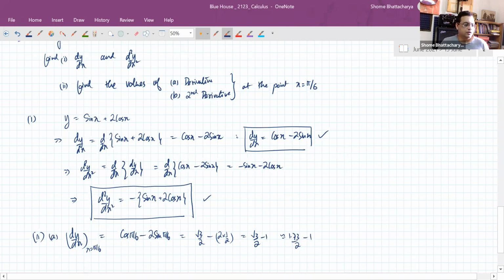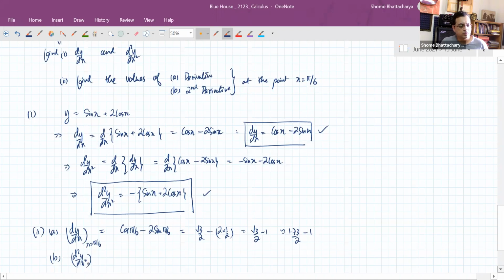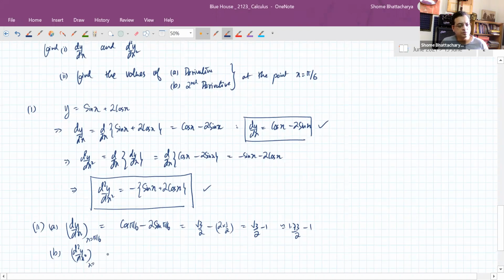Okay. And similarly, b part, d2y by dx square at the point x equal to pi by 6 will just become, now this is the second derivative, so it is minus of sin pi by 6, plus 2 cos pi by 6.